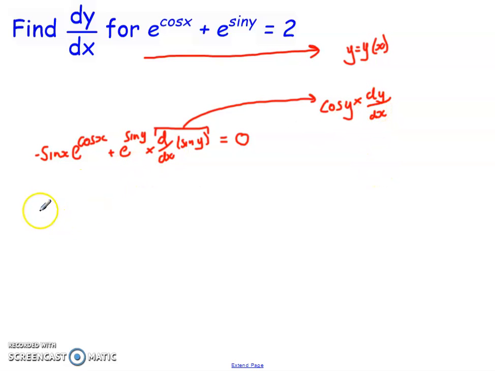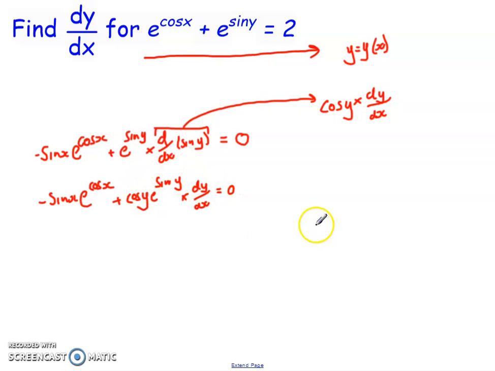Once we've got that, we now have the function the way we want it so that we can start rearranging it. So I've got minus sin x e to the cos x plus cos y e to the sin y times dy by dx equals 0.